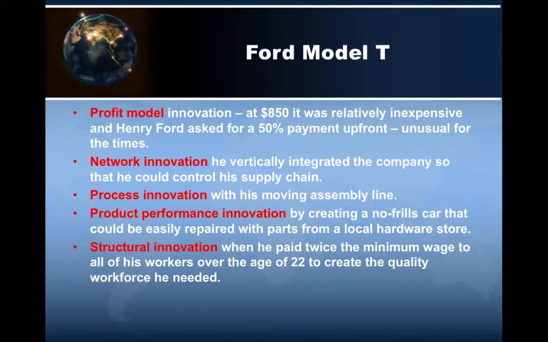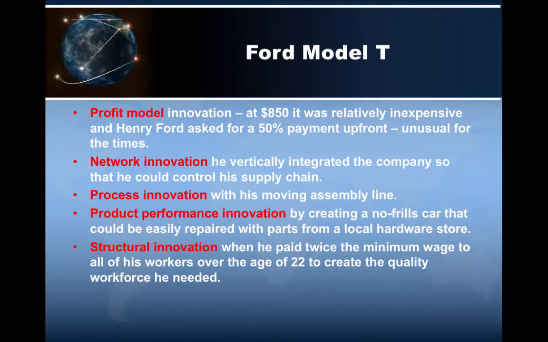Process innovation. In many ways, what he's best known for. The moving assembly line. Maybe they weren't the first, or maybe they were, I'm not really sure, but they certainly became known for their process innovation. There's also product performance innovation. By creating a no-frills car that could be easily repaired, and I find this amazing, with parts from a local hardware store.